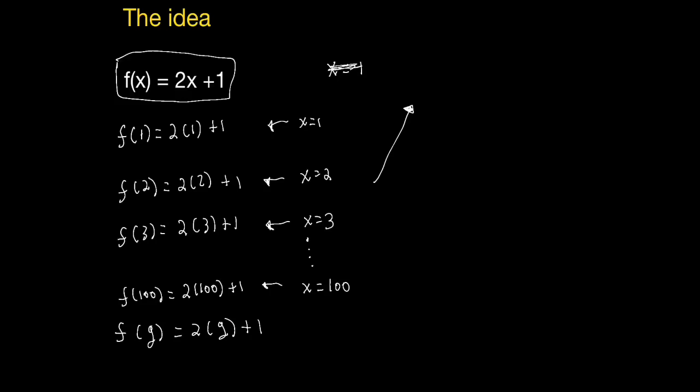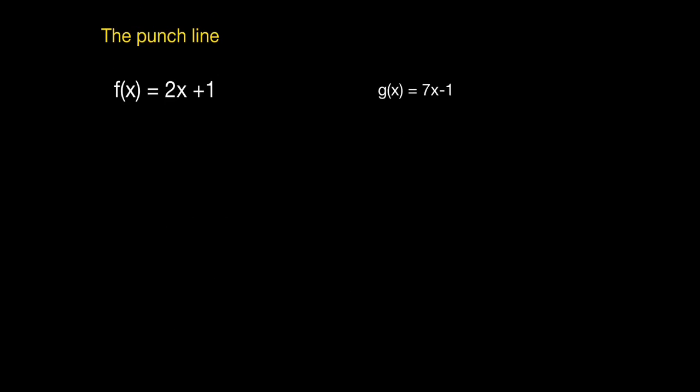Okay, so now here's the punchline. We have f and we have g, and we want to compute f round g of x. Here's how we do it. We're first going to evaluate the function at x equals g.